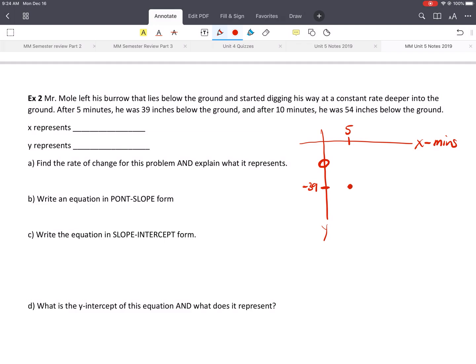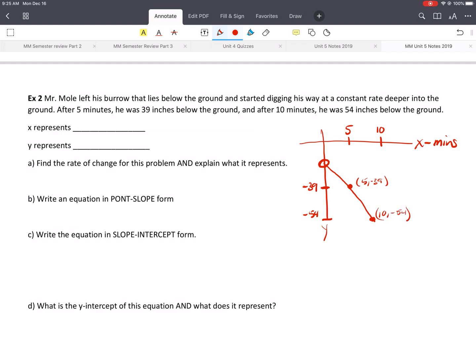And then it says after 10 minutes, he is negative 54 inches into the ground. So we have some sort of linear equation, constant rate, okay? And basically we have 2 points. We have 5 comma negative 39, and we have 10 comma negative 54.